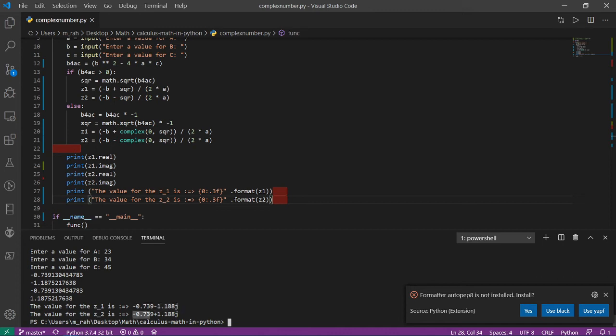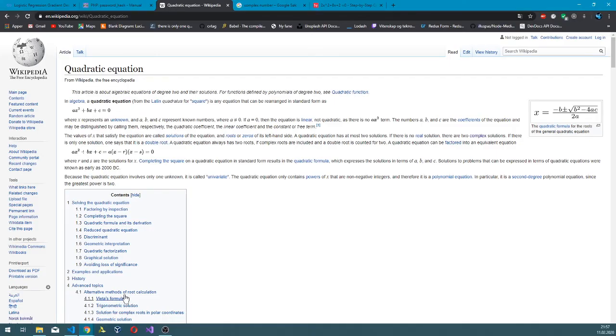This is also the real number, and this is the imaginary number for set2.